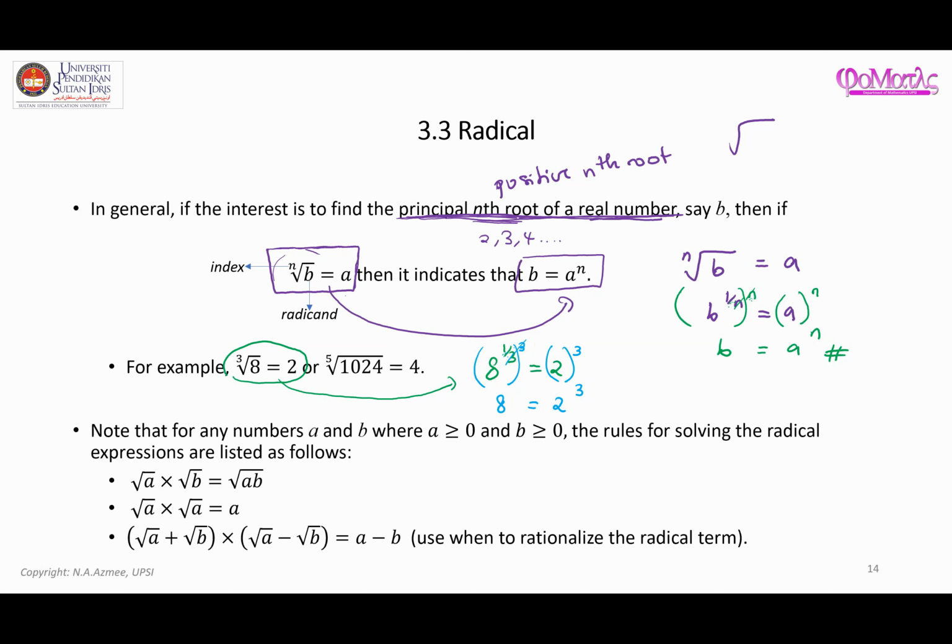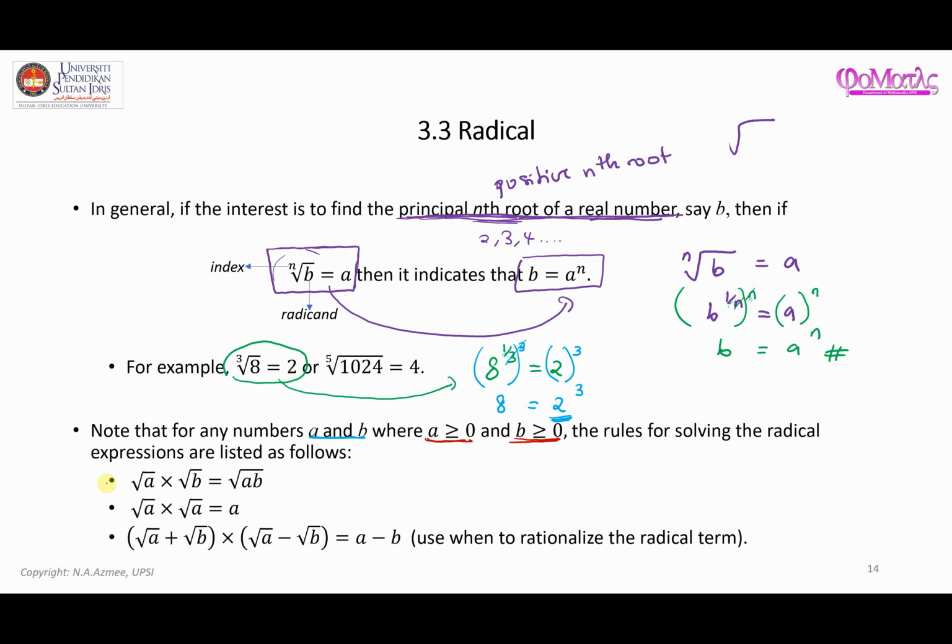So in this case, this is the principal third root of a real number. So 2 here is the value that we are looking for. Now note that for any numbers a and b, we have a is greater than or equal to 0, and b is also greater than or equal to 0.